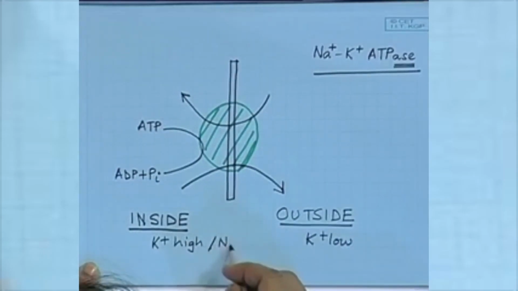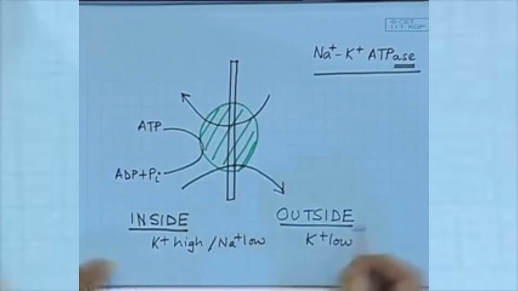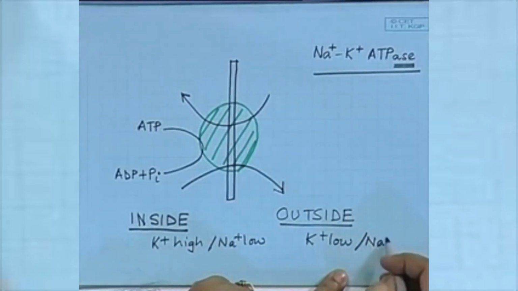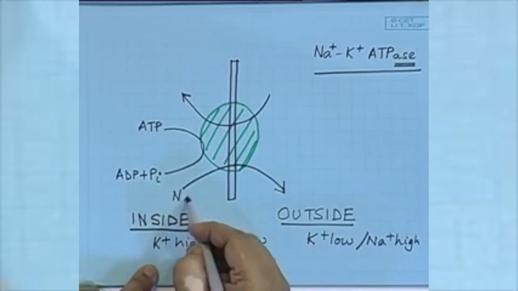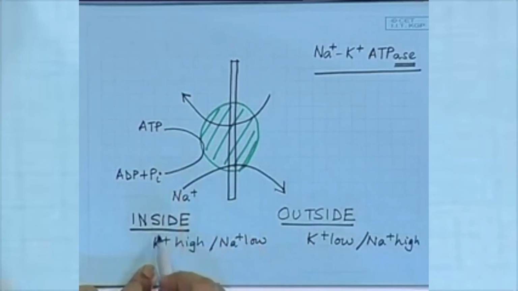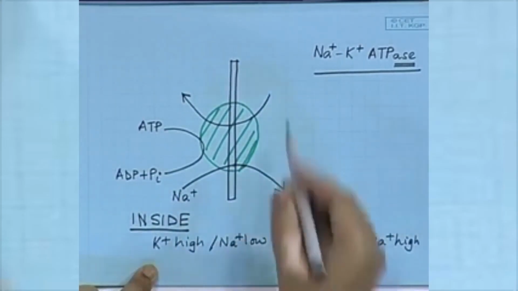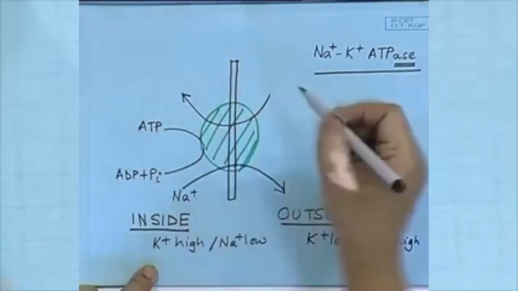So, Na plus is low inside and Na plus is high outside. Whatever is going out is Na plus, from the inside to the outside, and what is coming in is K plus.